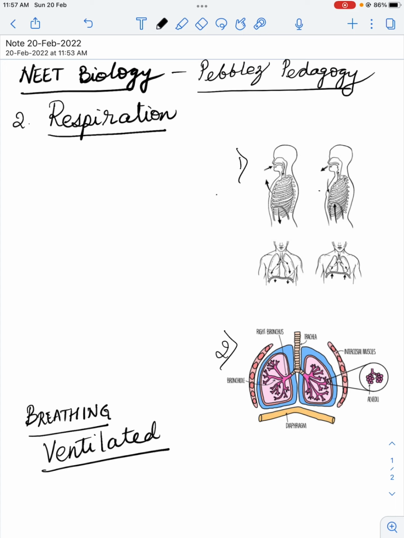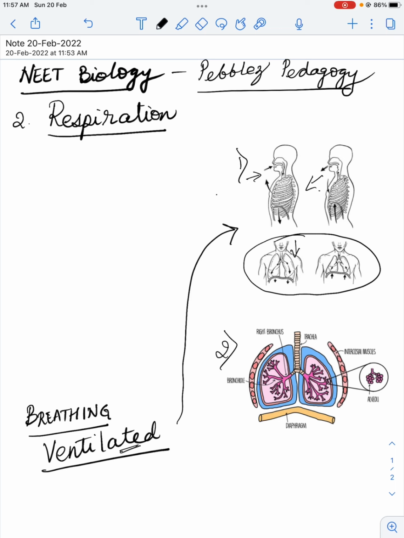But when it comes to any living organism, if I say ventilation, I am talking about the easy flow of air in and out of the body. So this is what ventilation is all about. Let me repeat: ventilation is the movement of air into our body and out of our body.